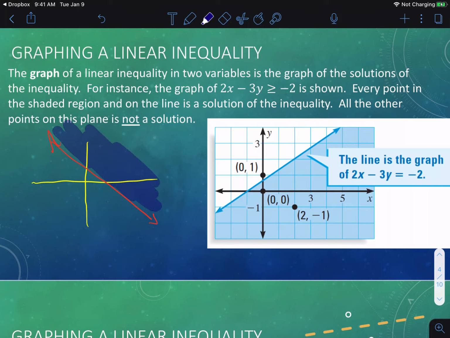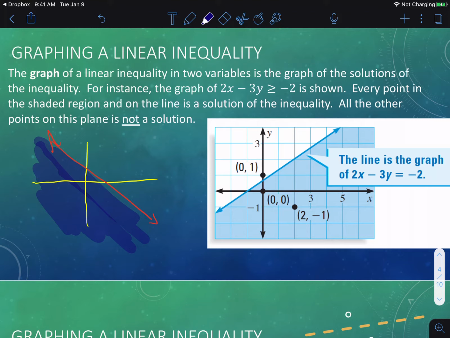So everything in the plane on that side of the line is part of the inequality. The other side is going to be on this side. So what I'm trying to say is that you can take any line and split the coordinate plane into two parts. And that's the idea here, okay?